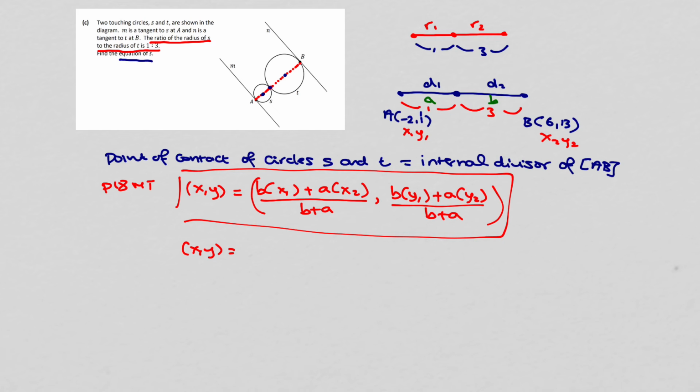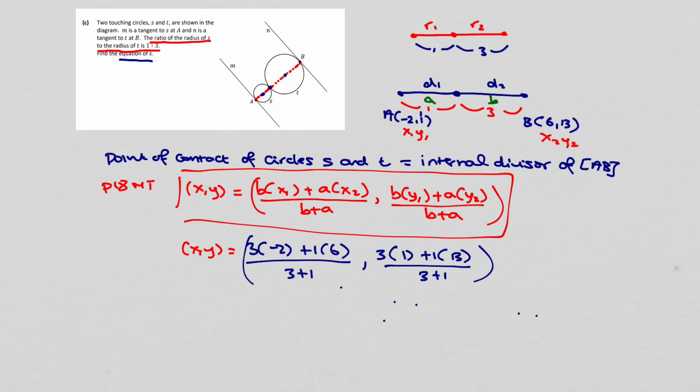So let's sub in. We have B, which is 3 times x1, minus 2, plus 1 times x2, which is 6, over b plus a, so 3 plus 1. And then we have b, which is 3 times y1, plus 1 times y2, which is 13, over b plus a, which is 3 plus 1.